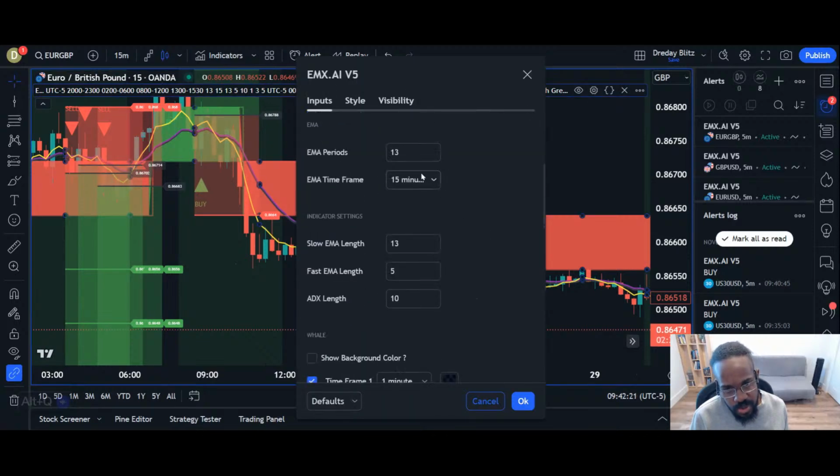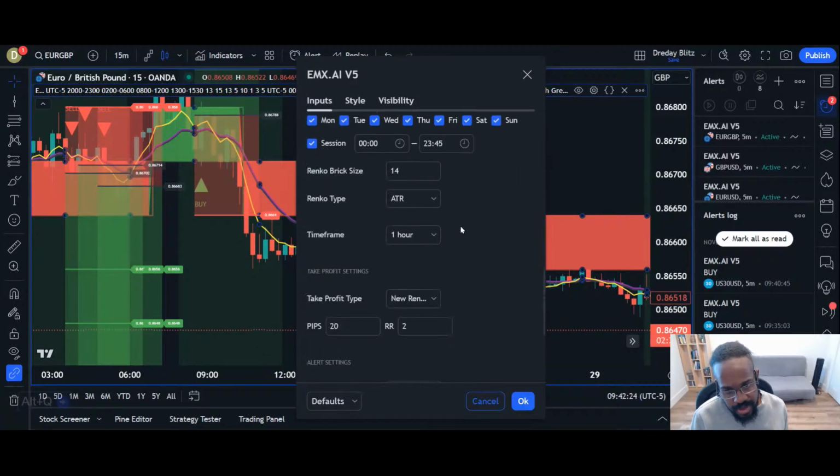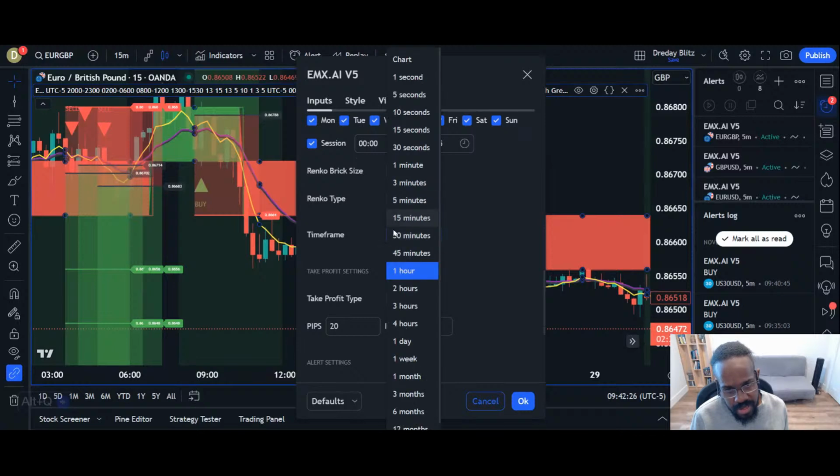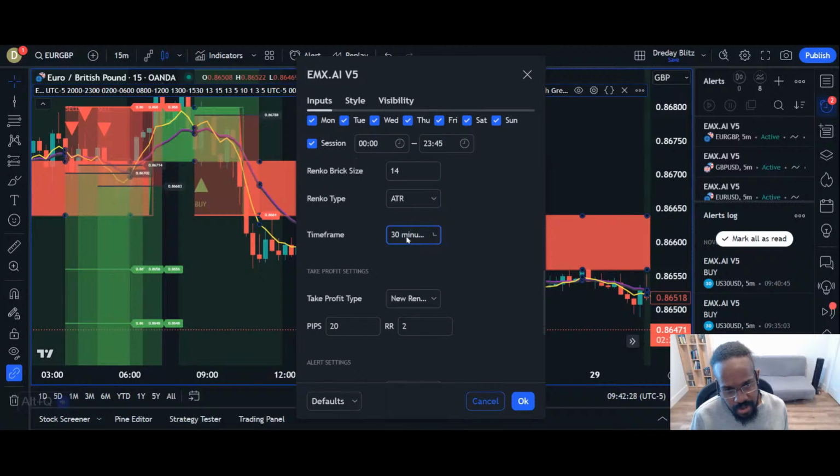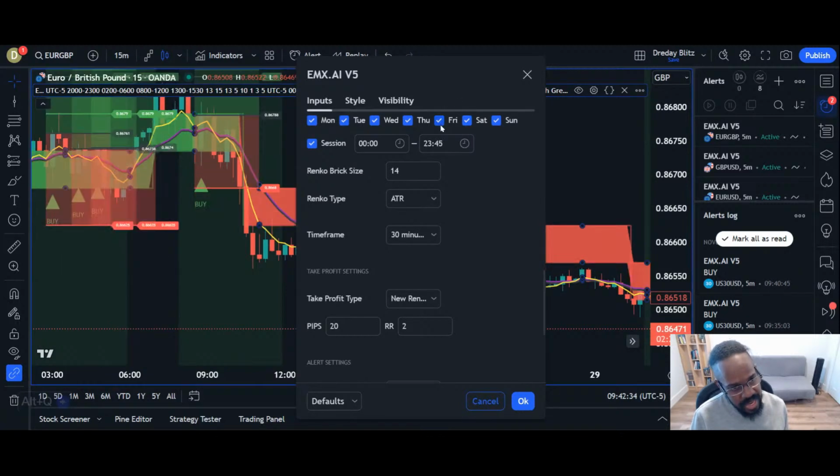But if you're looking, let's say, for the 15-minute time frame, you can make the adjustments here on the Renko time frame. If you put it at 30 minutes, it's going to change dramatically the entries that you have, and it's going to lower the Renko size.